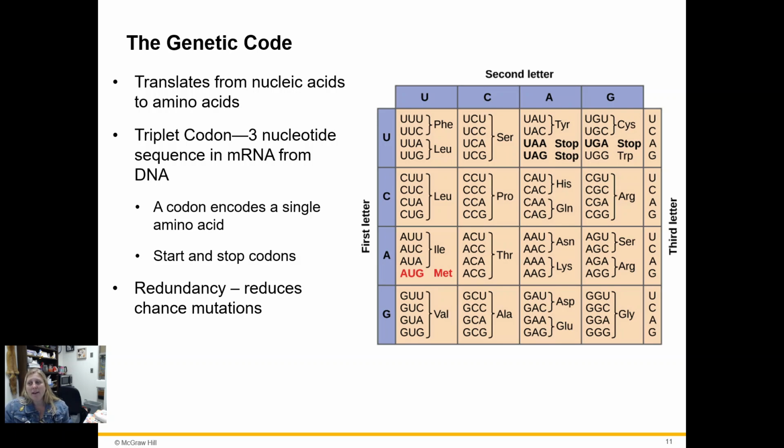We do have a couple of special codons that are very unique and are therefore not redundant. First, we have a codon called AUG. AUG is your start codon, and it codes for the amino acid methionine. All protein sequences begin with the amino acid methionine because methionine is the capital letter of the sentence. It says start here.